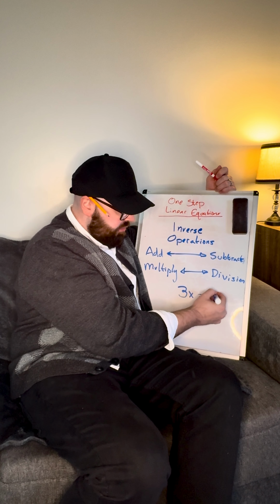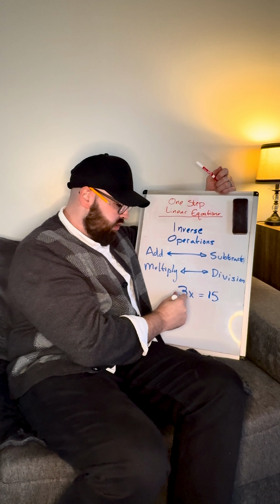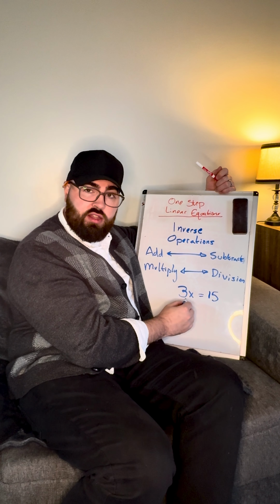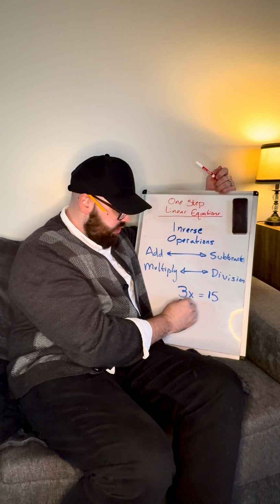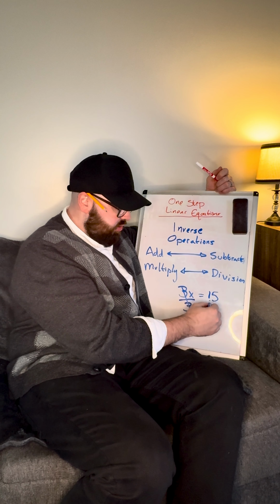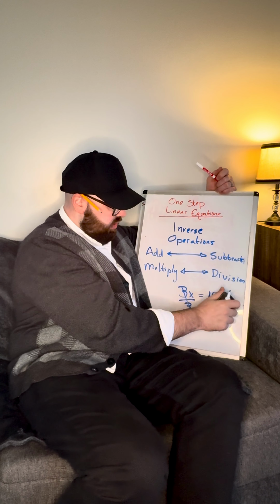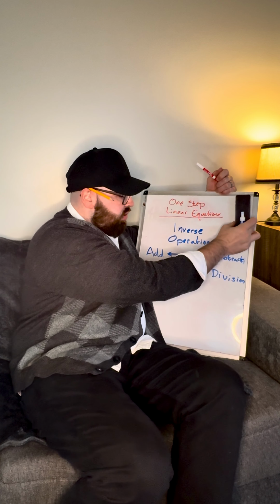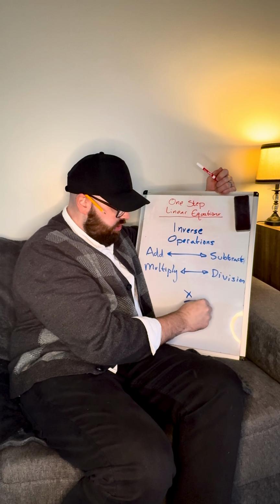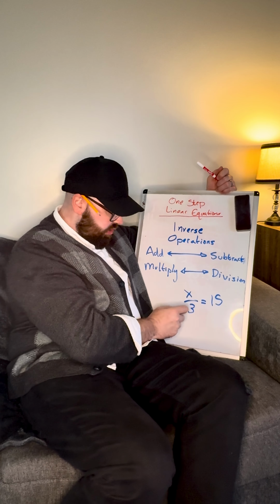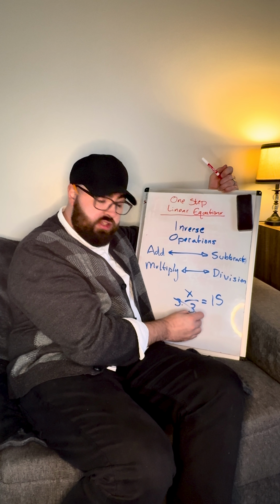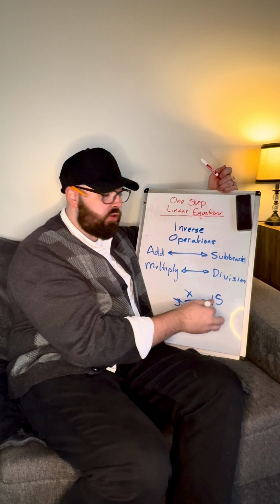Here we ask, how do we get this 3 gone from this x? We divide out the 3. Same with division: if we have x over 3 equals 15, what's this 3 here? Division, so we multiply it out, and it cancels out.